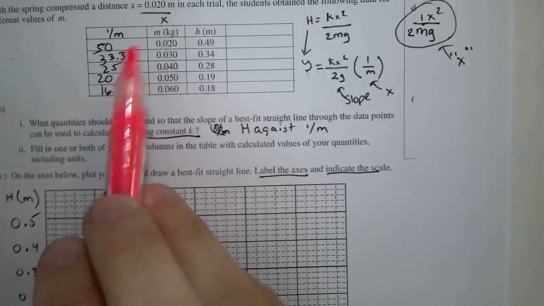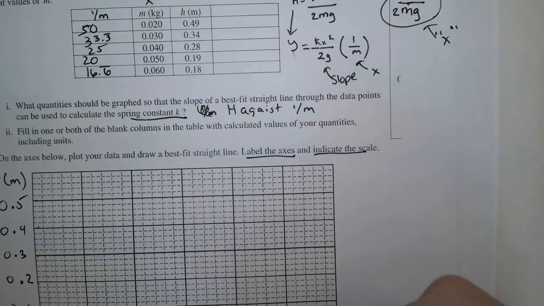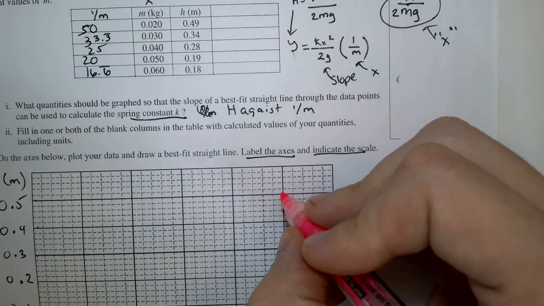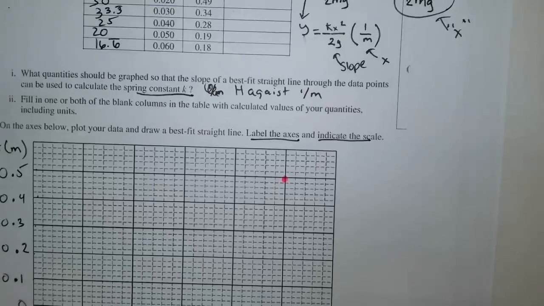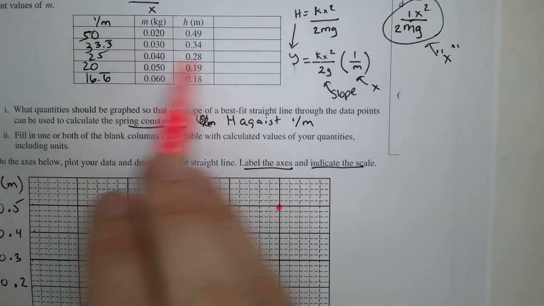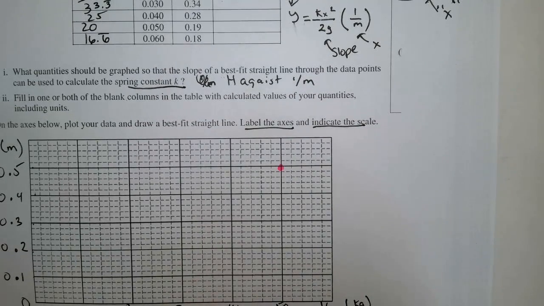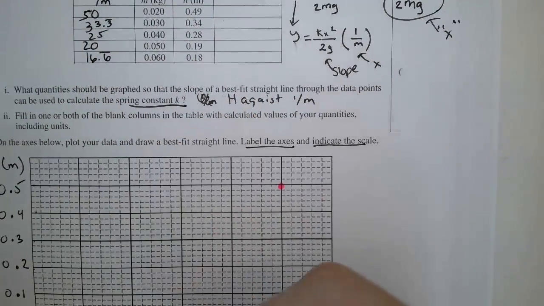Our first dot is at 50, comma, 0.5 almost. So 50, comma, 0.49 would be right about there. All right. And then our next dot is 33.3 and 0.34. They're almost identical. 33, perfectly halfway, would be there. So 33 would be about there, and it goes up to 0.34.